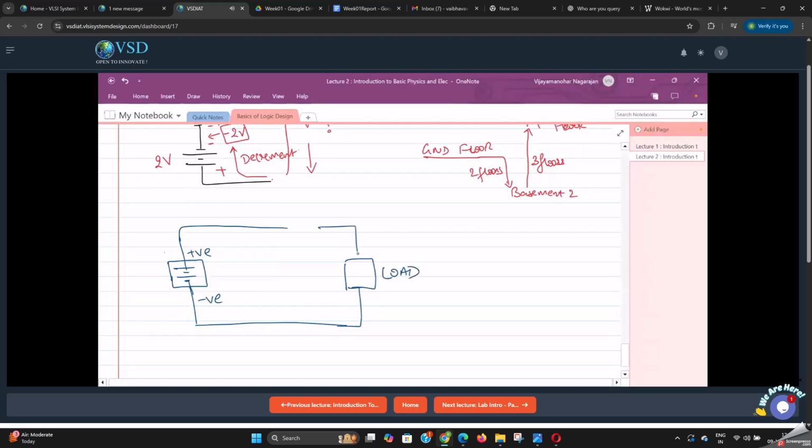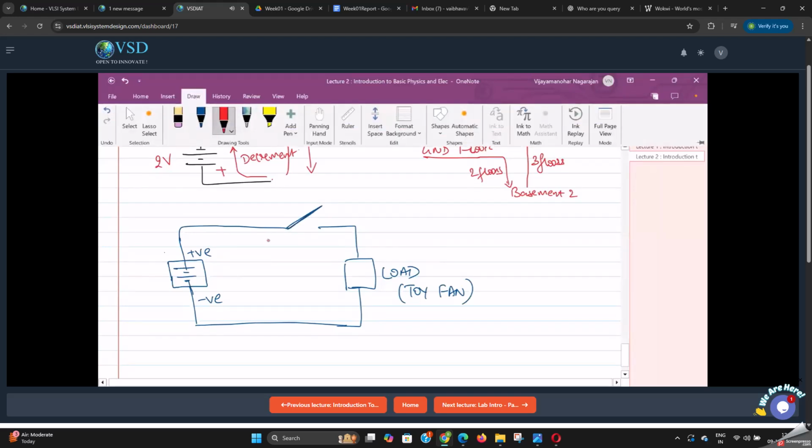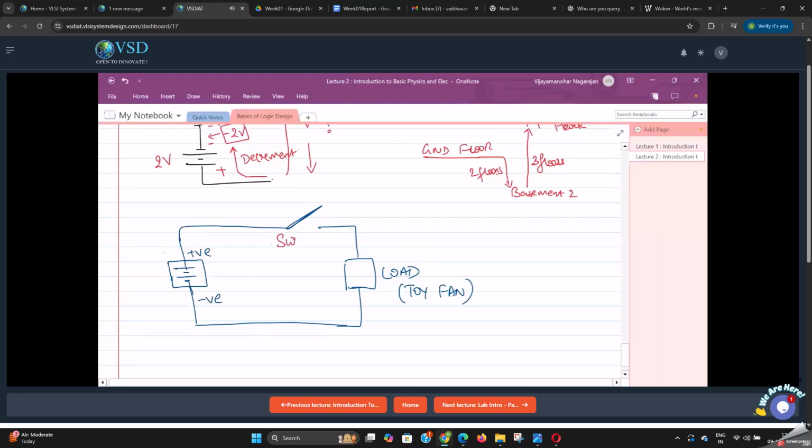Let's say this load is a toy fan. This is the switch. All of you have seen a switch, right? In your house you would have seen a switch, correct? All of you. Now tell me what happens.